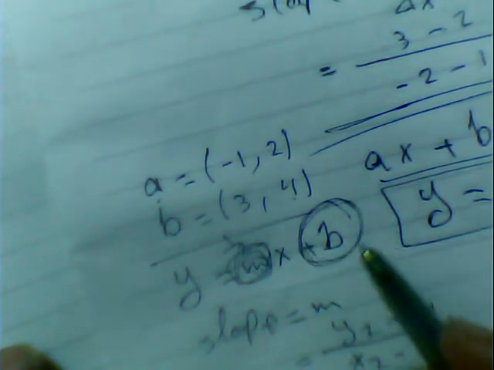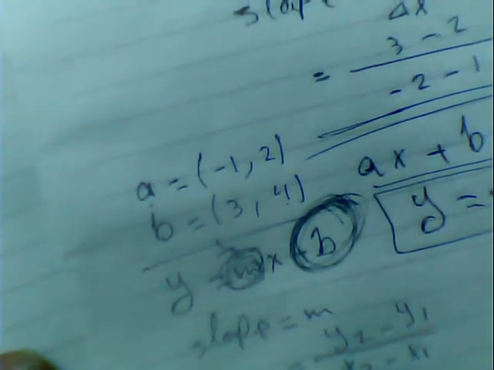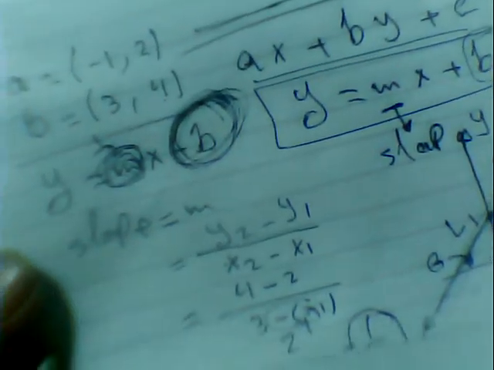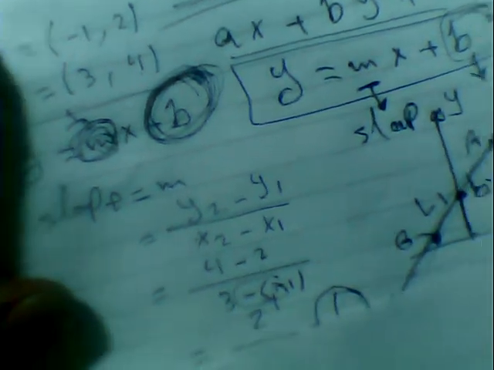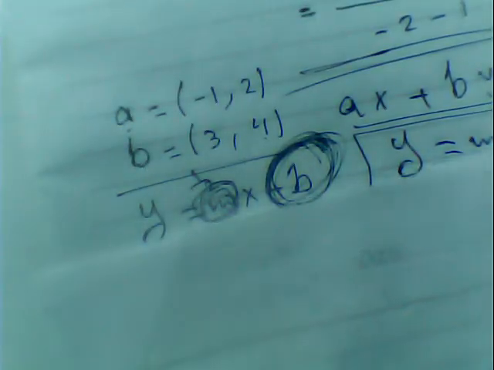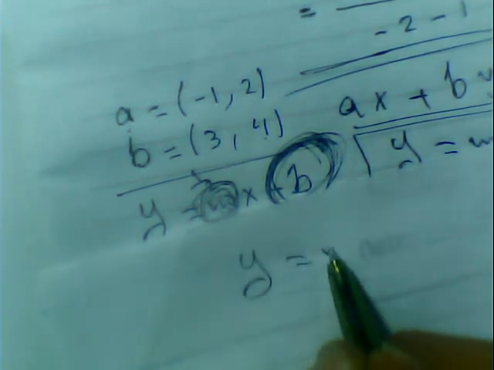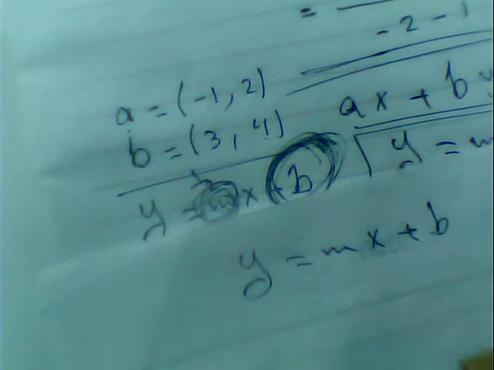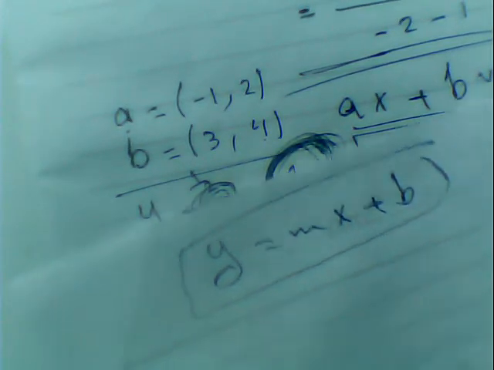We need a method to get b. How can we get b? We choose any point, A or B. We already know y equals mx plus b, the equation for the line we need.